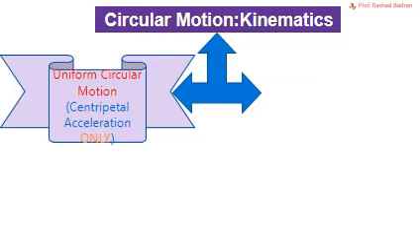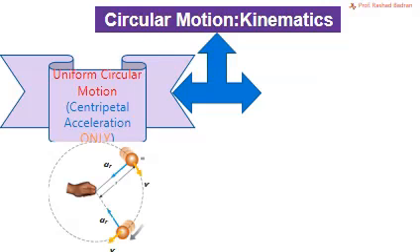One is called uniform circular motion, where we have a centripetal acceleration only. And obviously, this centripetal acceleration is attributed to the change in the velocity vector while the object is moving in a circle.